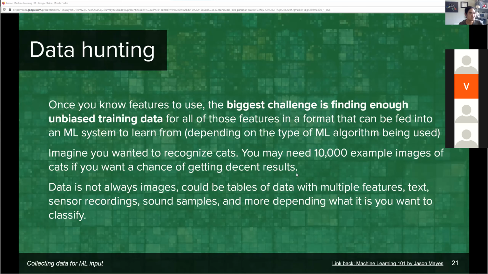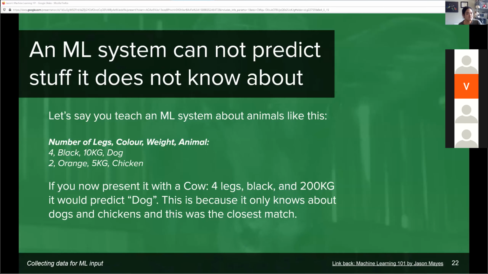Your classification rate might be better, okay? It could be data in tables with multiple features, text, sensor recordings, sound examples, whatever you're trying to classify. Classifying is not the only problem as well, but I think he goes into that in the slide pack a little later.